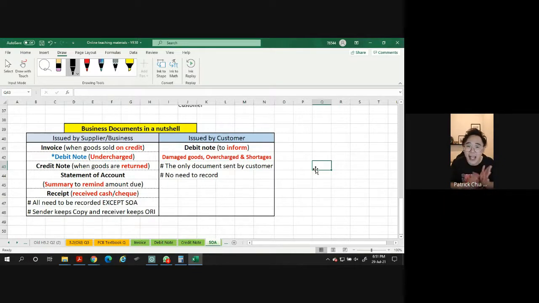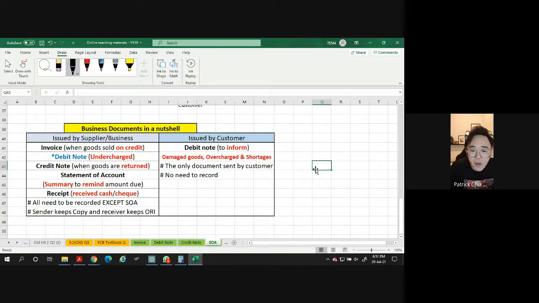So when we acknowledge and say sorry, what do we give them? We give them a credit note, like a sorry note. I'm so sorry, this thing is damaged, so take the credit note so that you don't owe me this much. Let's say the invoice is $10, so you owe me $10.